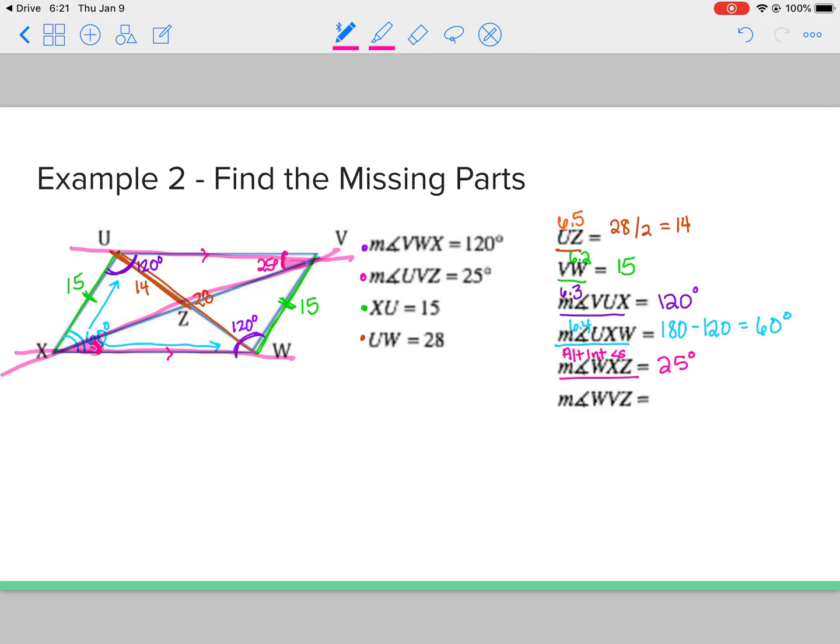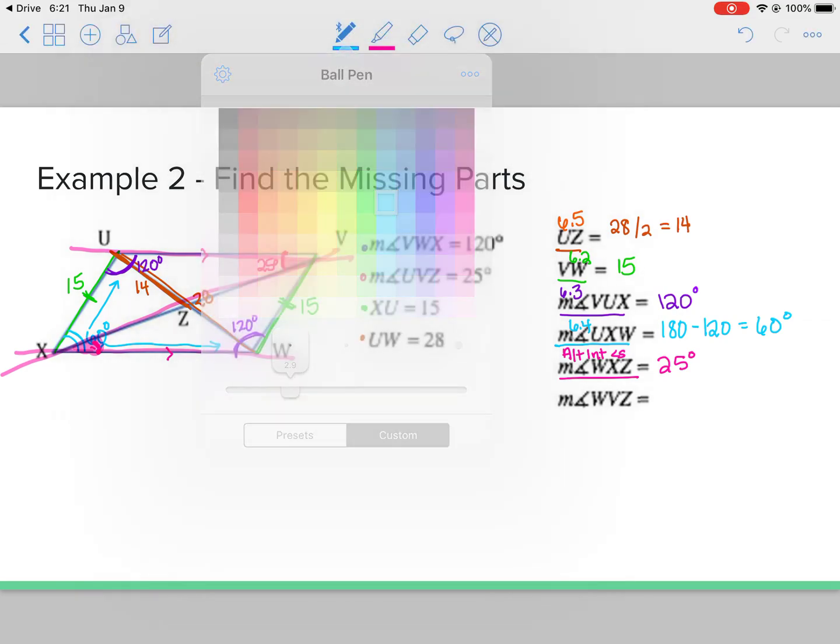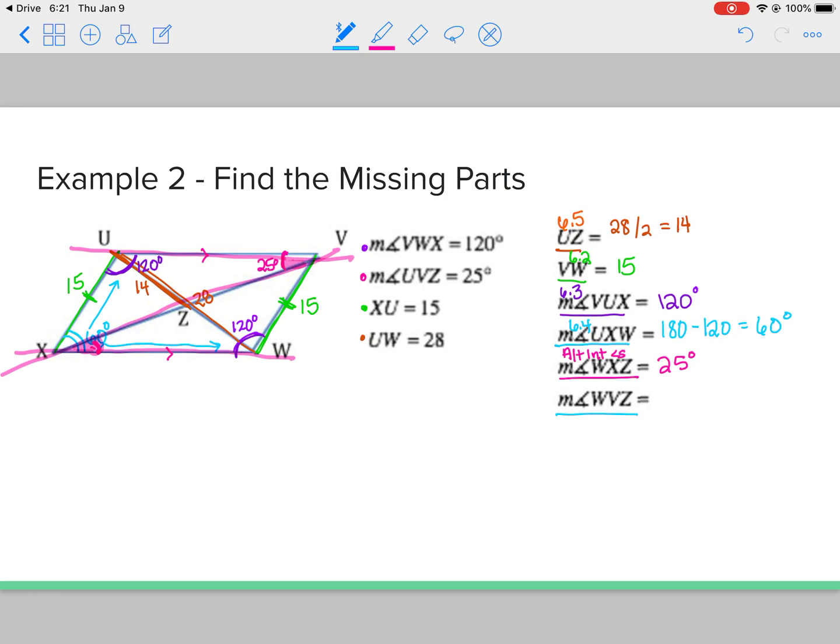Our last thing that we need to figure out is the measure of angle WVZ. WVZ is this other piece over here that makes up the whole angle up there at the top right. In a previous question, I was asked what the measure of angle UXW was, and that angle was 60 degrees.